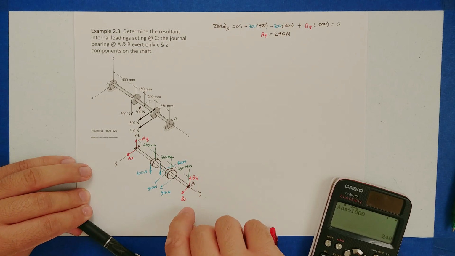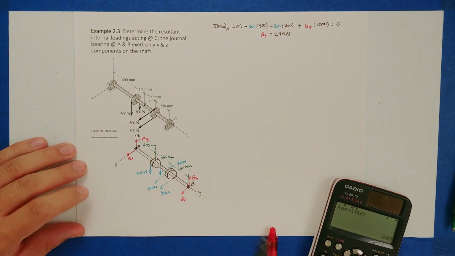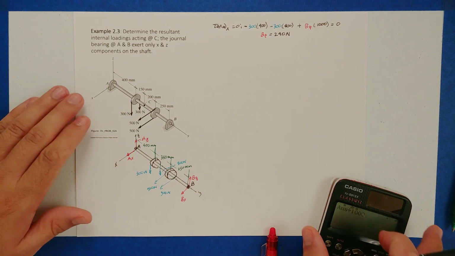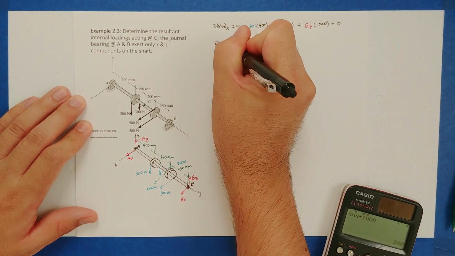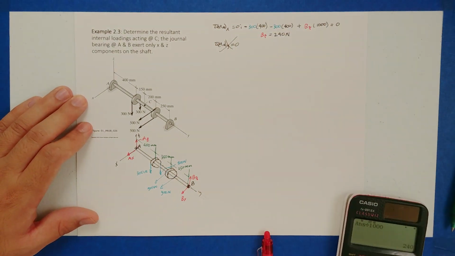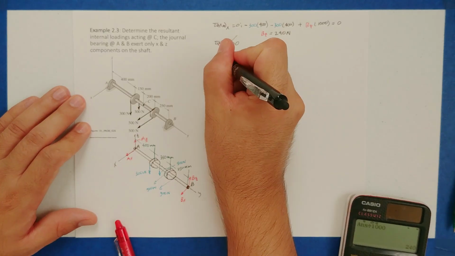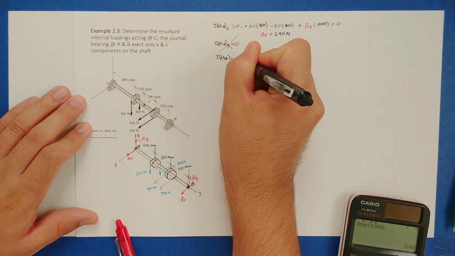Actually, we already did. I'm sorry. But BX also passes through the y-axis, so we're not going to be able to solve for that one. So the sum of the moments at point A about the y-axis equals 0. It's no good equation. So next, we'll try the sum of the moments at point A about the z-axis.